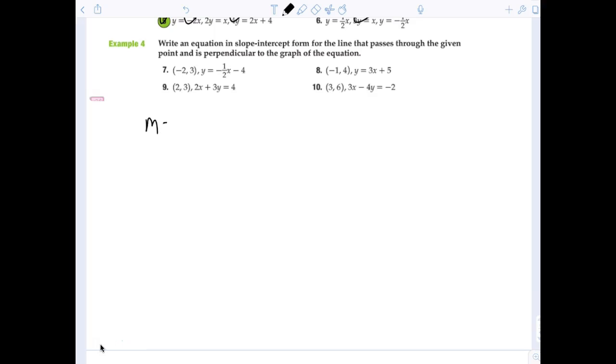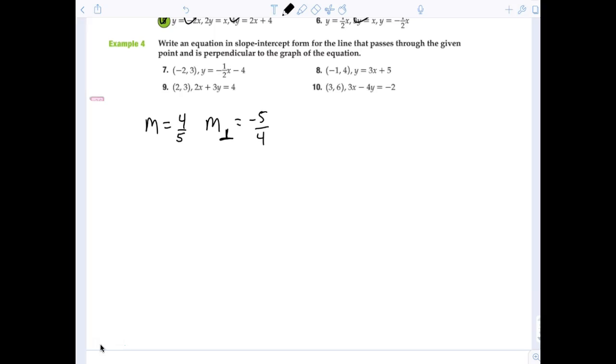If the slope was equal to 4/5, look at the symbol, the slope of the perpendicular would be -5/4. Listen to what I'm saying. If the slope of the line is 4/5, the slope of the perpendicular would be -5/4. That is a negative reciprocal.